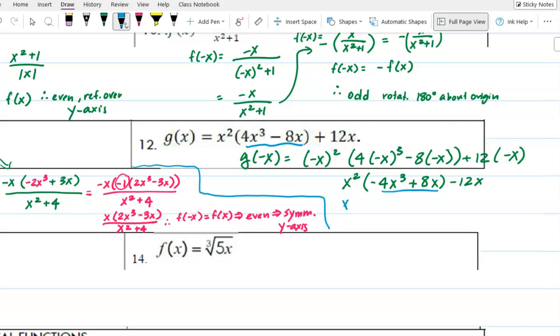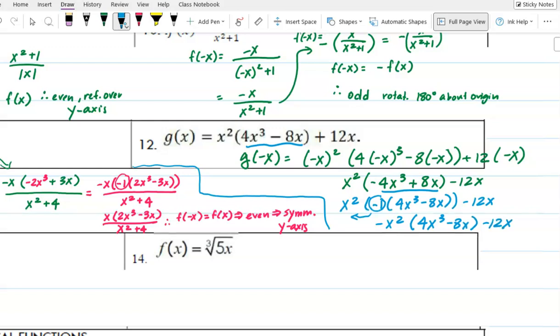I can take out a negative 1. And so 4x cubed minus 8x. And then I have a minus 12x. And then I can take this out. And it becomes a negative x squared times 4x cubed minus 8x minus 12x.